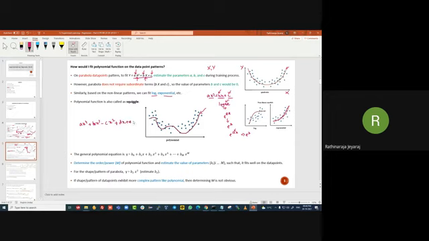Now assume that this function represents this curve. So what should I do in order to come up with the model? I have to estimate the values of a, b, c, d, and then e from the data points x and y. That's it. If you are able to find the values for these coefficients, then you will accomplish polynomial regression.